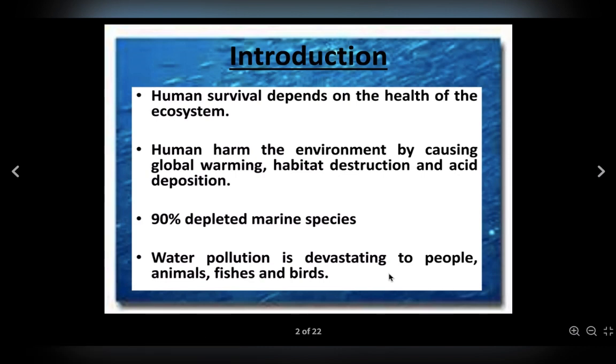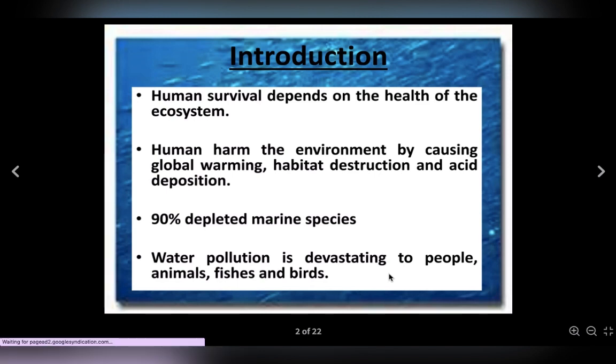Our desertification has consequences: global warming, habitat destruction, and acid deposition in rivers and water.